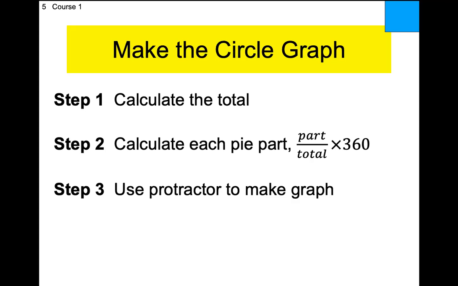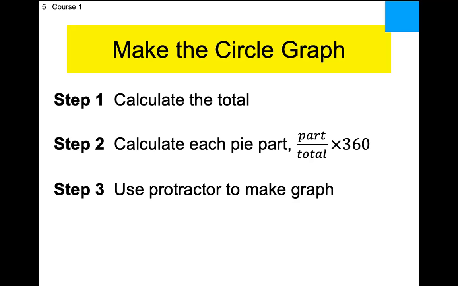Hey, look at that fraction right there in step 2. That's the same calculation, part over whole, except I wrote the word total. In other words, we're going to calculate the percent of each one of the pieces of the pie, so to speak. What's that 360 in step number 2? Well, remember, there's 360 degrees in a circle.